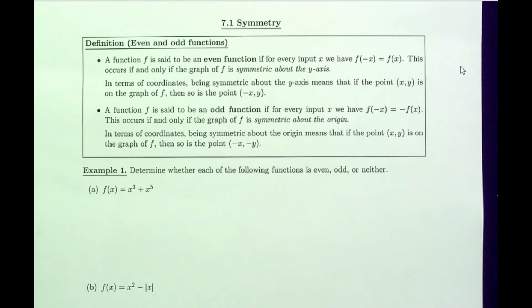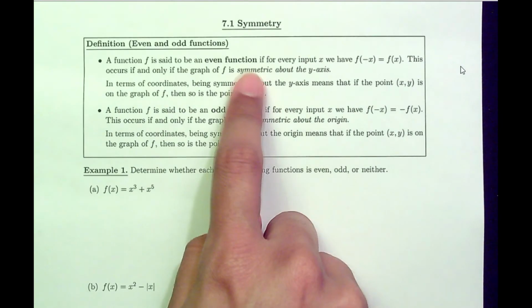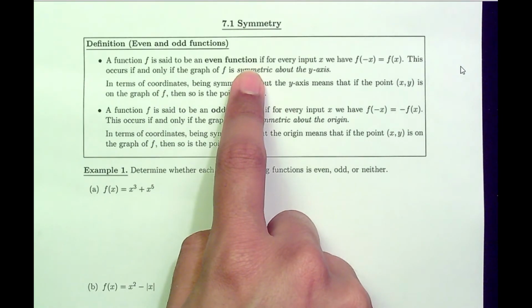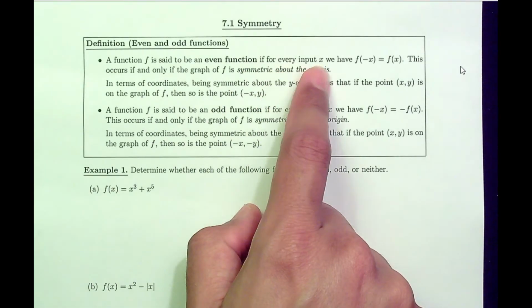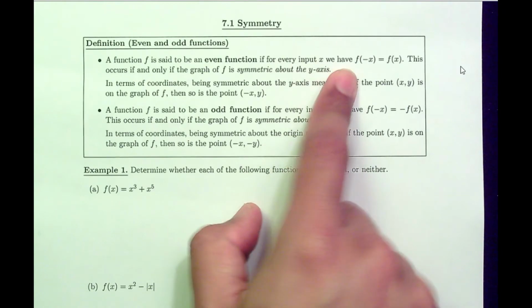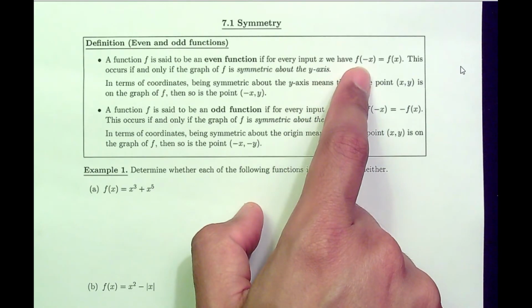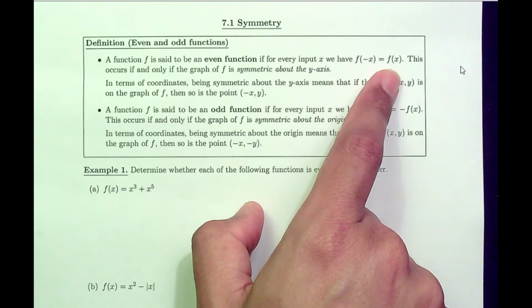First, the concept of even. We're going to say a function is even if for any x, whenever you plug in negative x, you end up with exactly the same thing as if you had just plugged in x.